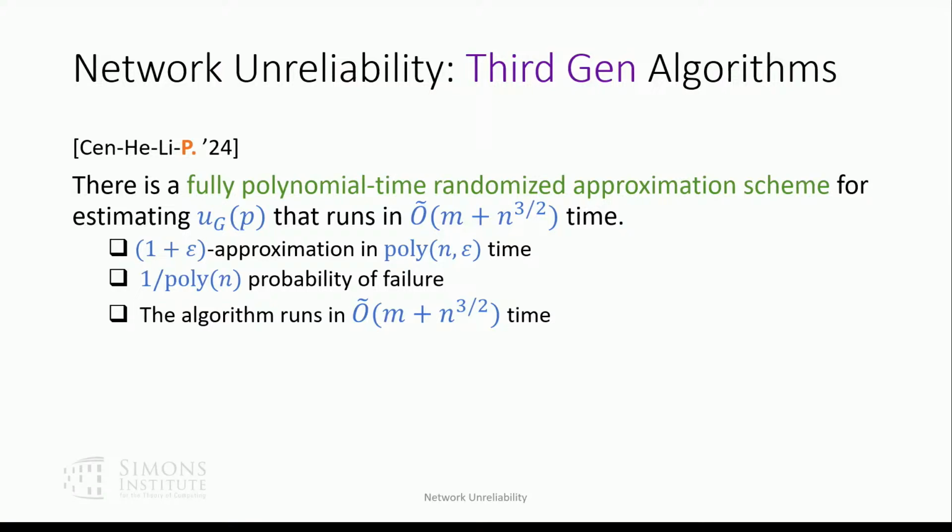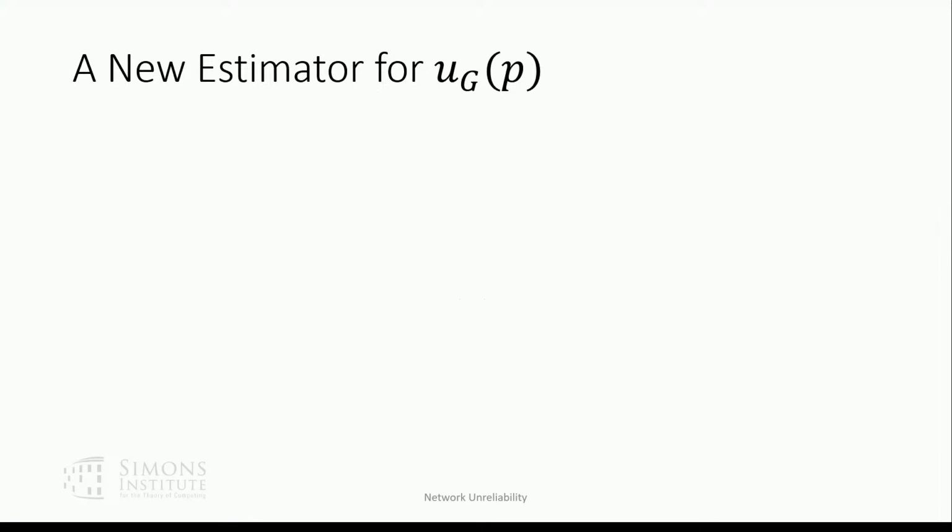Okay, so let's see what's going on. As you can imagine, the new contribution that we have is a new estimator for unreliability. Of course, all of these algorithms eventually are outputting estimators, but we need a new type of estimator now, something that's weaker than being able to enumerate min cuts.